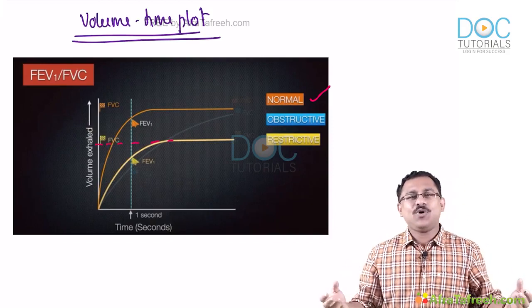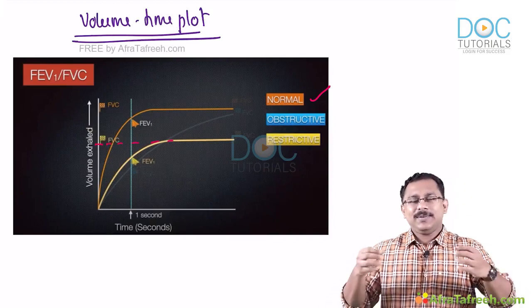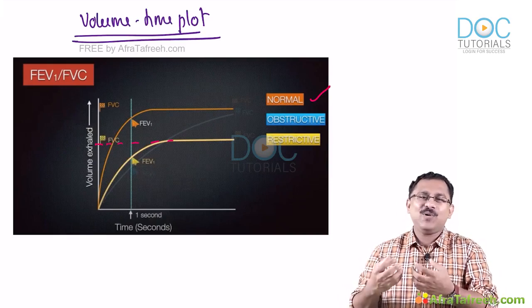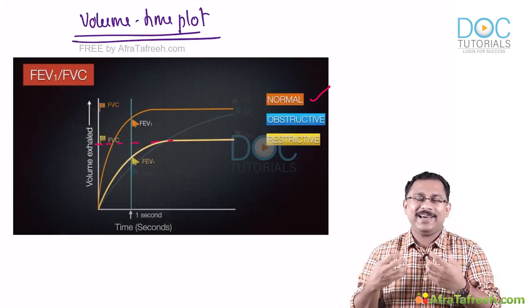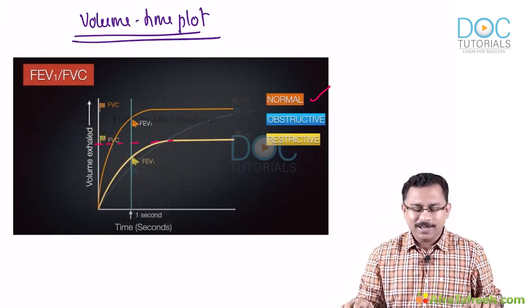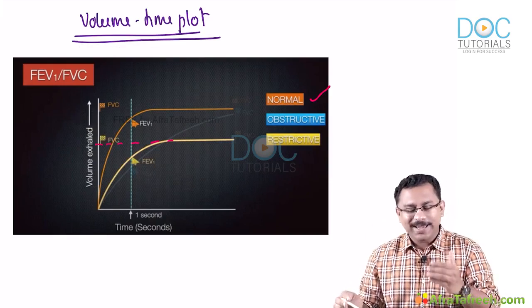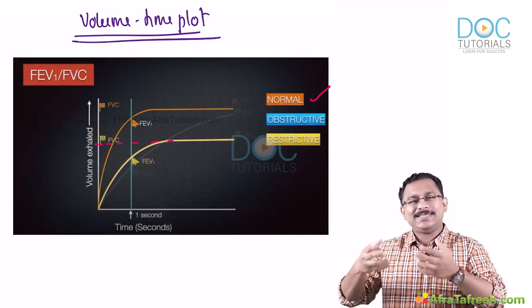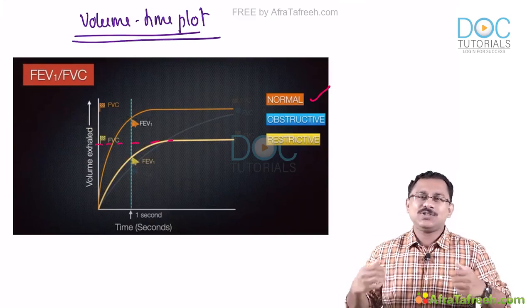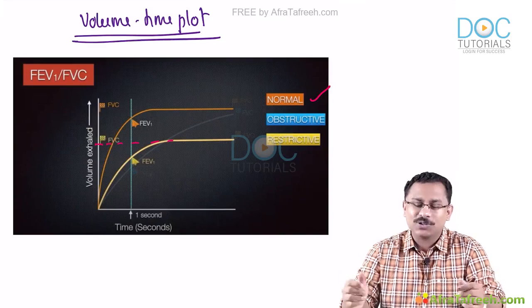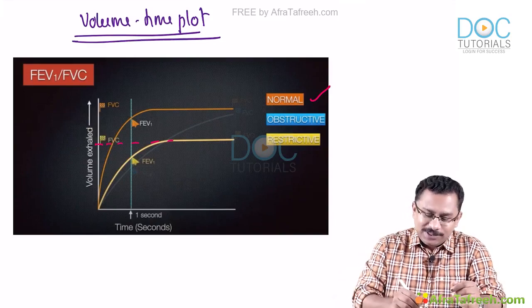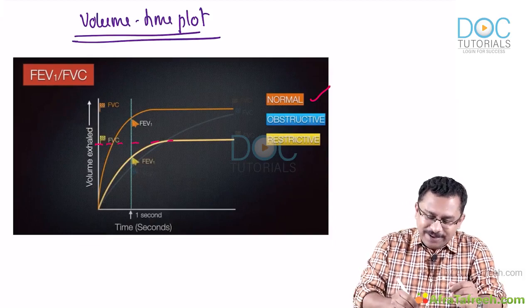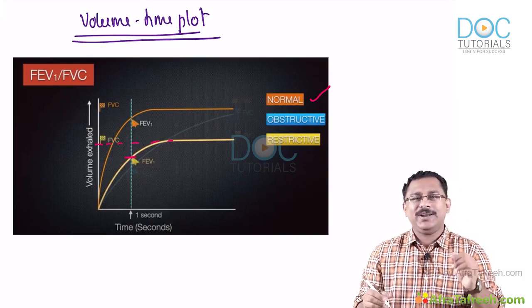Now why is it so? Because it is predominantly a problem with inspiration, and only if you inspire an adequate amount of air can you expire it. So here the forced vital capacity is reduced, because lesser air comes in and lesser air goes out. You see the FVC is reduced, and your FEV1 is also reduced.